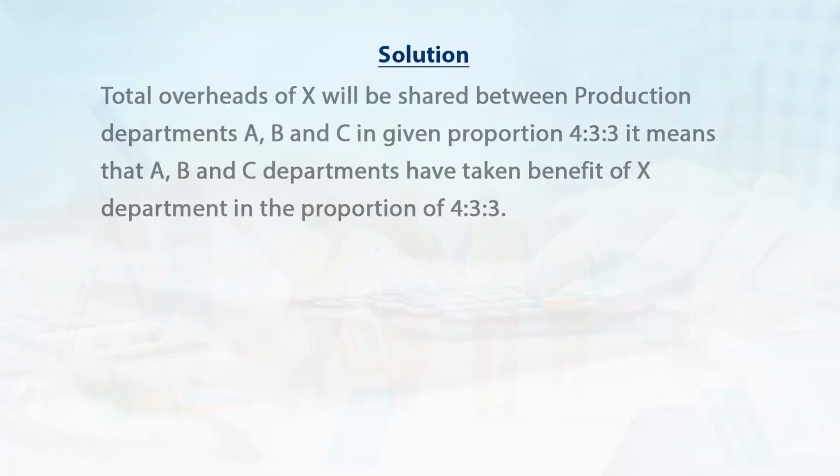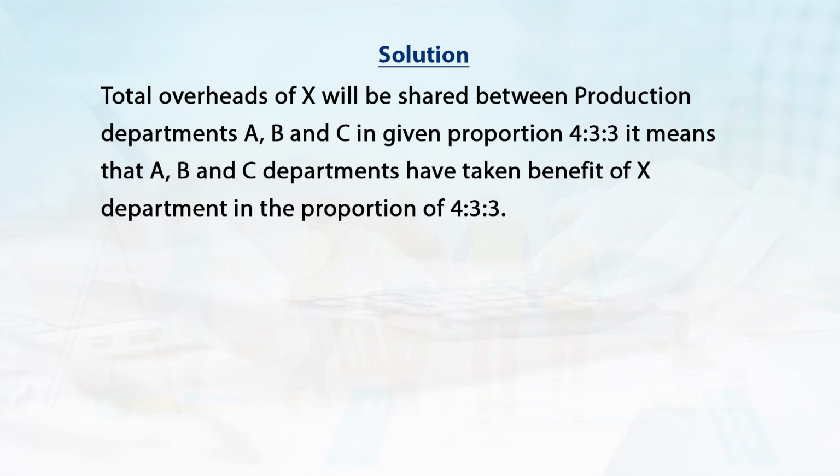No service department has taken any benefit from another service department, thus overheads of service departments are apportioned to production departments. Total overhead of department X will be shared between production departments A, B and C in the given proportion of 4:3:3. It means that A, B and C departments have taken benefit of department X in the proportion of 4:3:3.